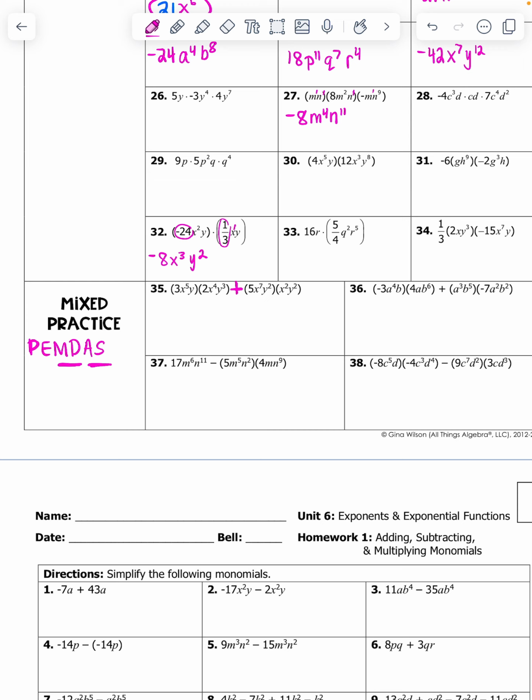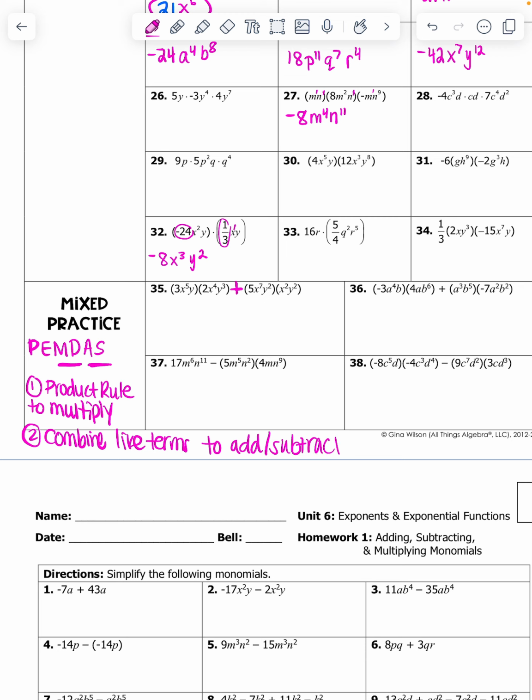So what I would do in these types of mixed practice problems is first use the product rule to multiply, and then I would combine like terms to add or subtract, depending on what the problem is.